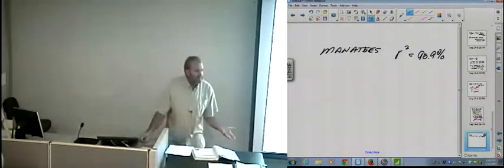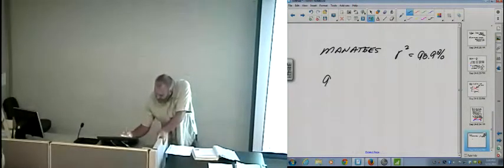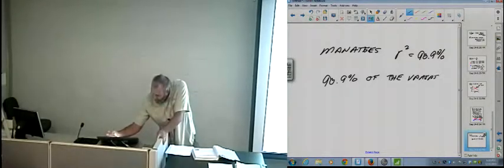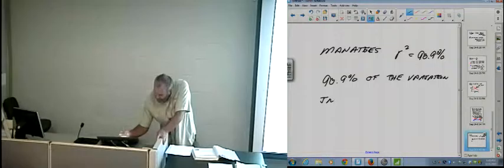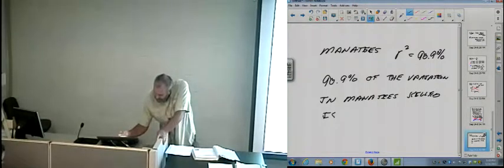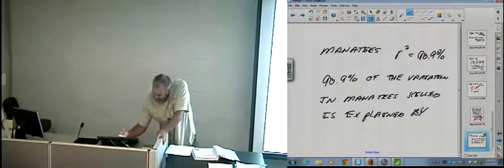Now, what this means is 90.9% of the variation in manatees killed is explained by the linear relationship.